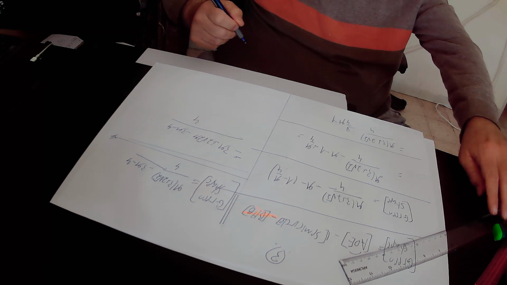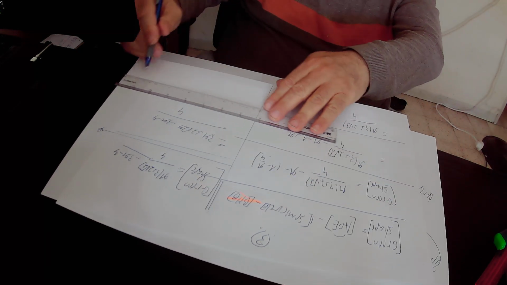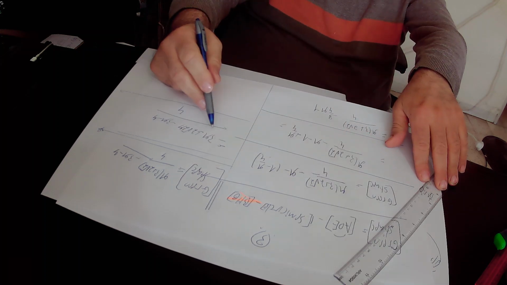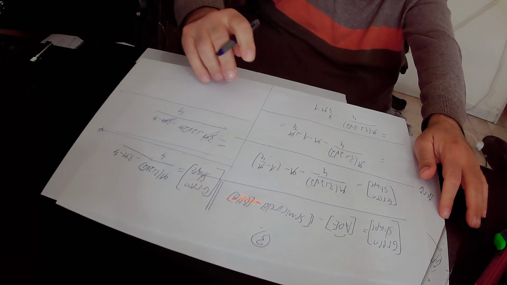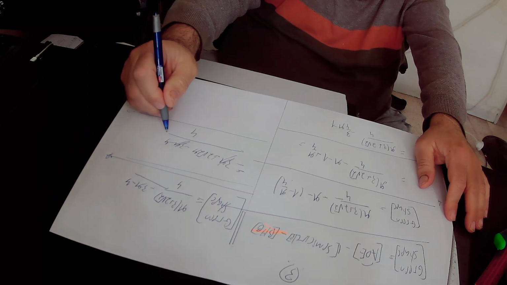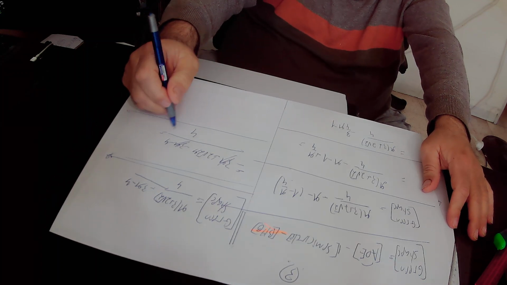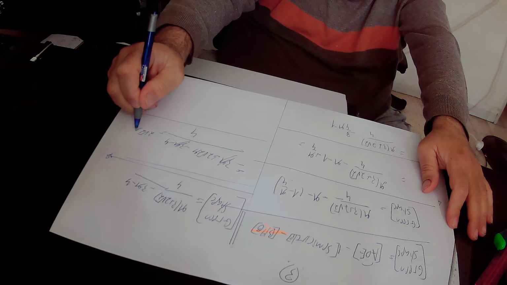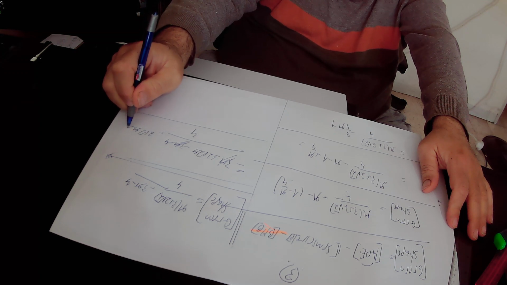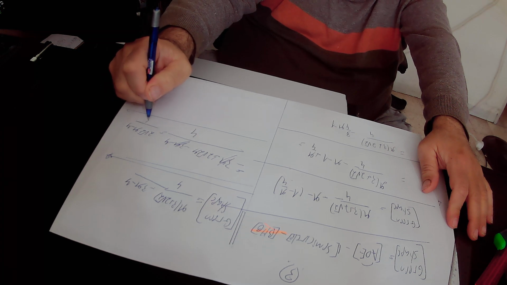So here we have 3 pi minus 3 pi is 0, so 3 pi will get cancelled and we are left only with 2 times square root of 2 times pi minus 4 over 4.